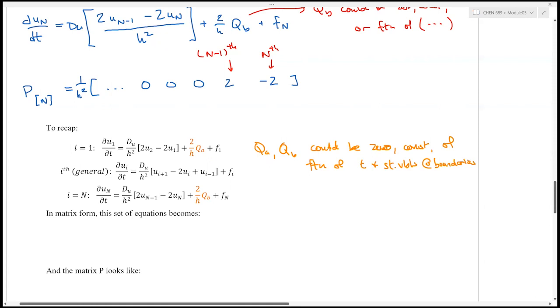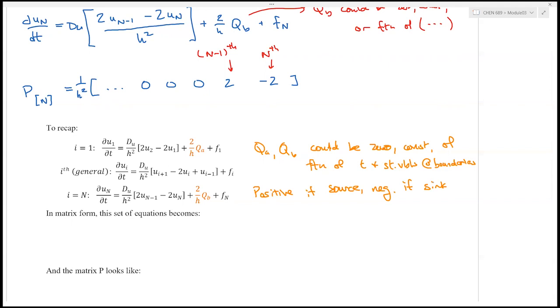Okay, so the last thing that I want to say here about Q_A and Q_B is that they are positive if source, negative if sink. So for example, with the example of Bitcoin, which is the example we're going to look at in just a few minutes here, Q_A in this case will be positive because the left boundary, or the anterior pole, that's where the Bitcoin mRNA is. That's where Bitcoin protein is being produced. And so we're going to consider that a source of Bitcoin protein, in which case Q_A is positive.